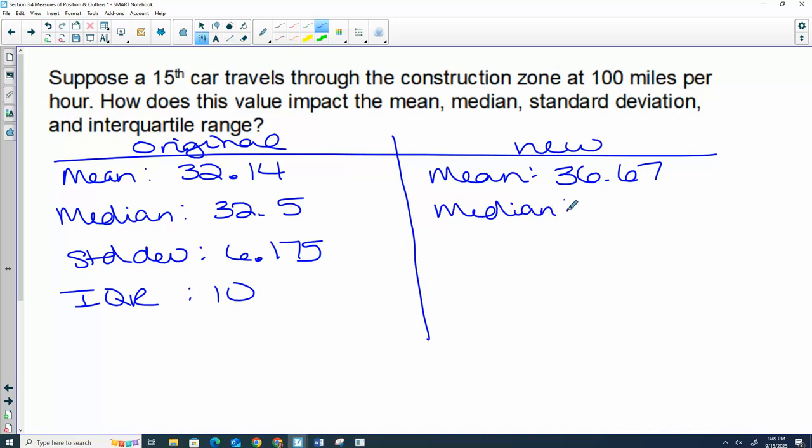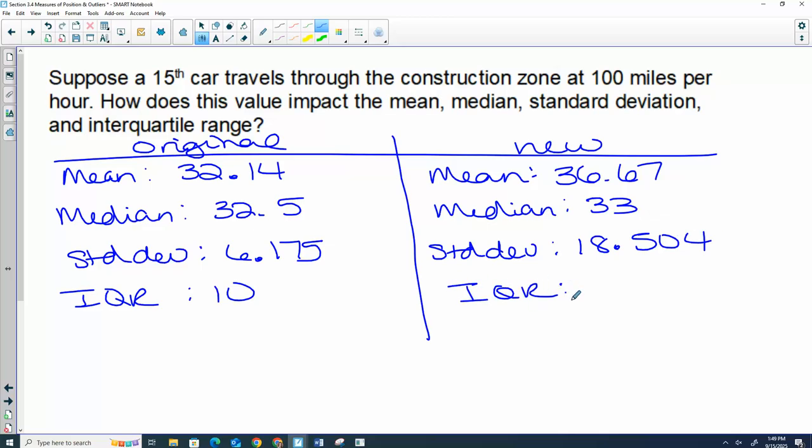Okay, median? 33. Standard deviation, that's still S. So 18.504. What's the IQR this time? 112.